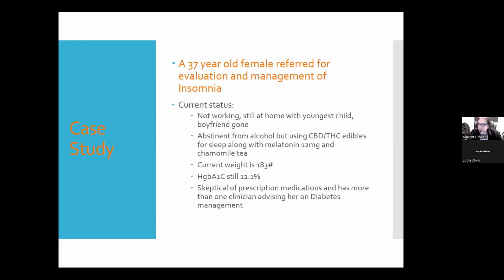She did lose her weight back down to 183, but she still had not been able to manage her diabetes with diet alone, and still had a high hemoglobin A1C. And she was sort of doctor shopping for management of her diabetes at that time, and she was referred to me for her sleep problem.